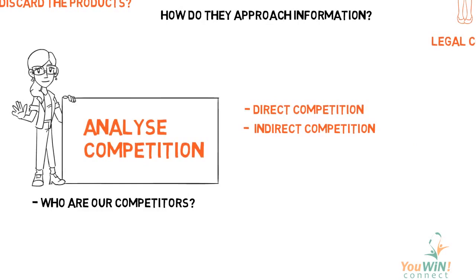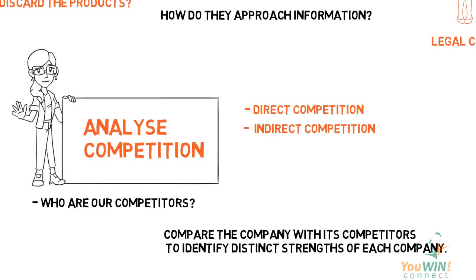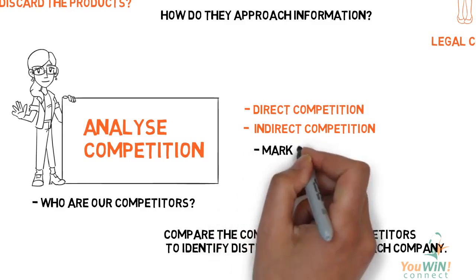In order for us to show distinct strengths, we need to compare our company with its competitors and then bring out the distinct strengths of each one of those companies. The question you should ask yourself when comparing with competition is, what's the interrelation between us and our competitors in the following ways?